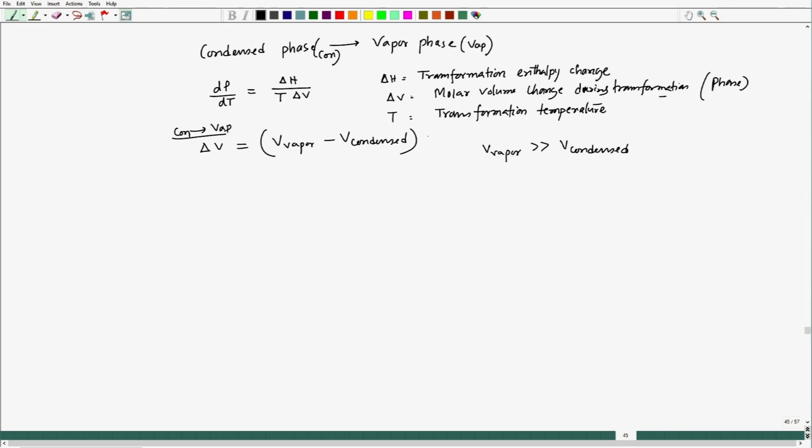Once we write this, we can simply write V for V vapor, so this equation would become the following.